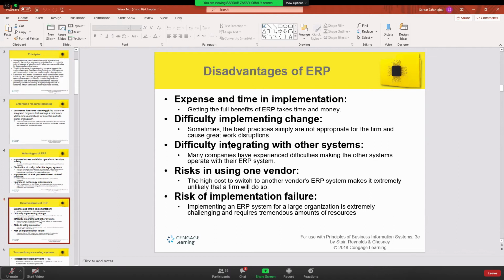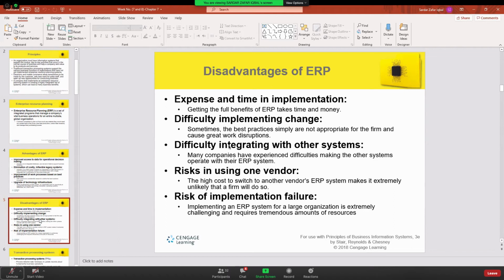So when you're using the built-in or already tested ERP, functionality-wise it is okay, but you need to change maybe a lot of things. So when it comes to changes, things become a little bit difficult to implement.